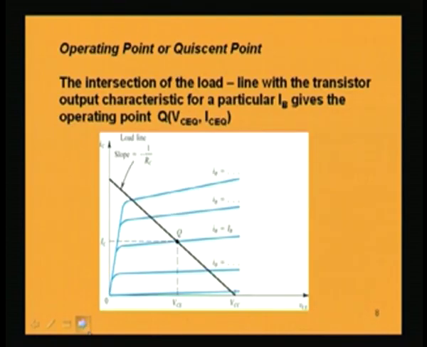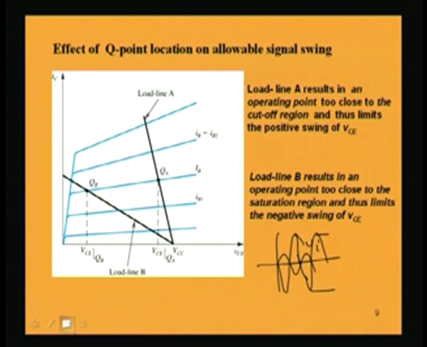Now, suppose my Q point is shifting to this or this point, that means ideally it is not in the middle of the load line.